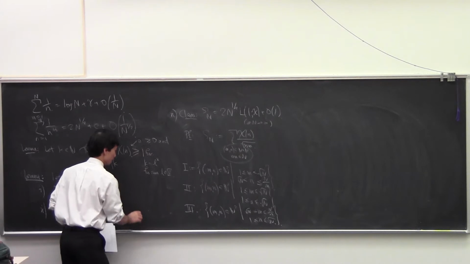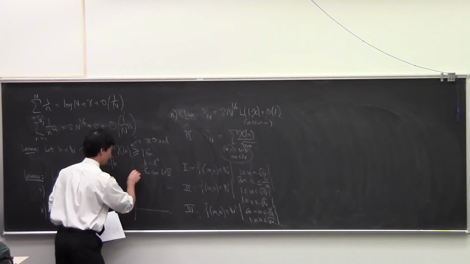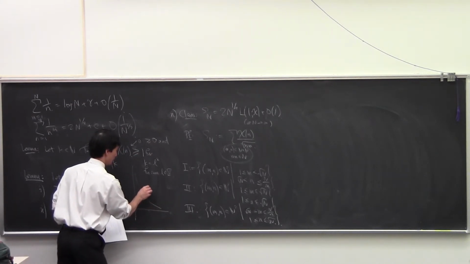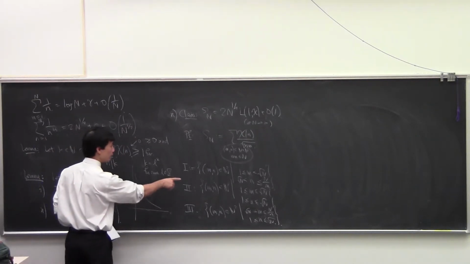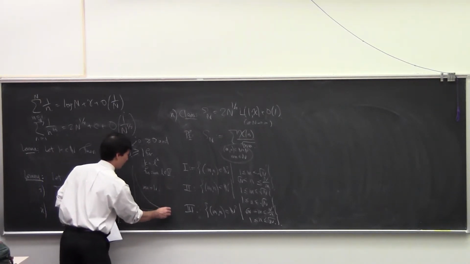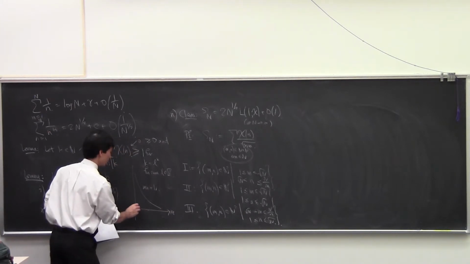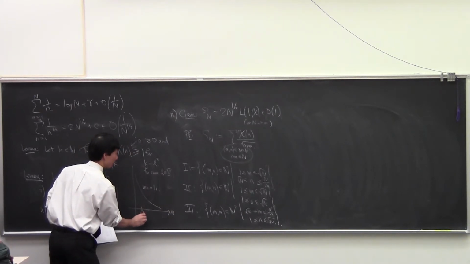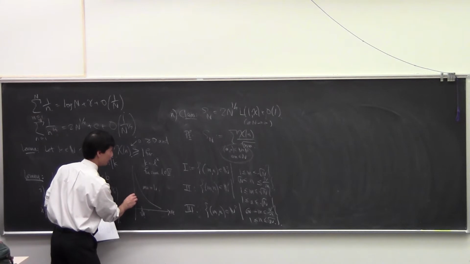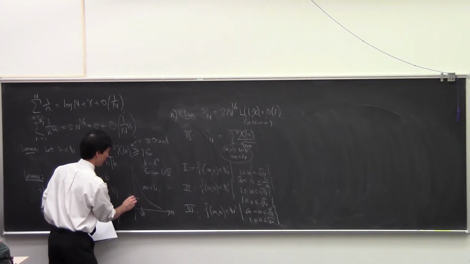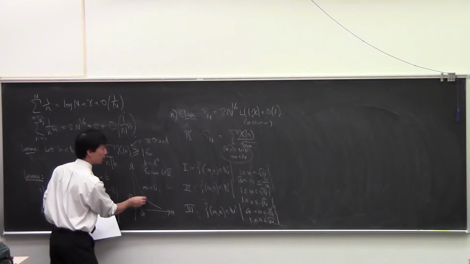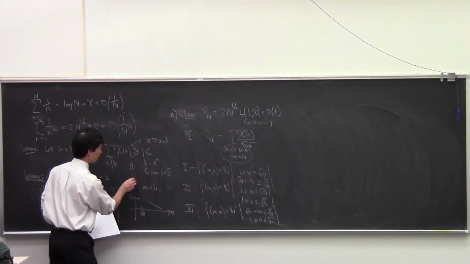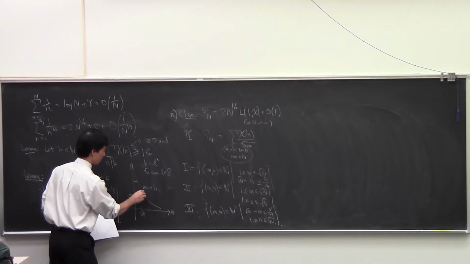So the picture is, you have here the hyperbola mn equals N. The first one is you let m range from 1 to root N, and n range from root N upwards.